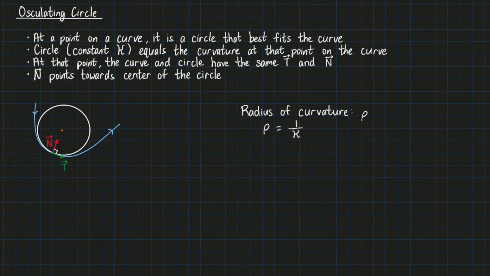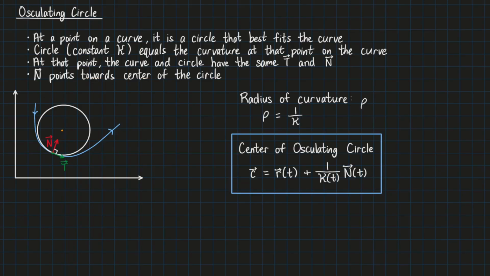That orange dot is the center of the osculating circle. Now, how do we find the center of the osculating circle? There is a vector c. This vector starts at the origin and terminates at the center of the osculating circle, and c equals r of t plus 1 over kappa times N. As you already know, r is a vector that starts from the origin and terminates at the point on the curve.